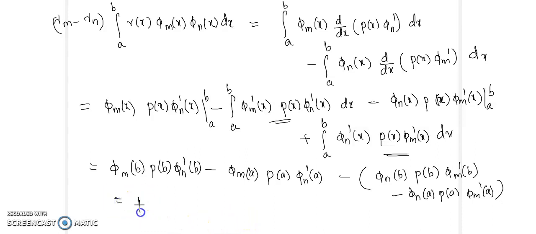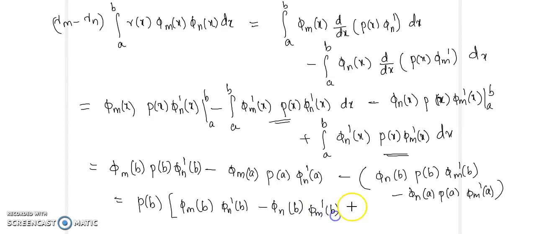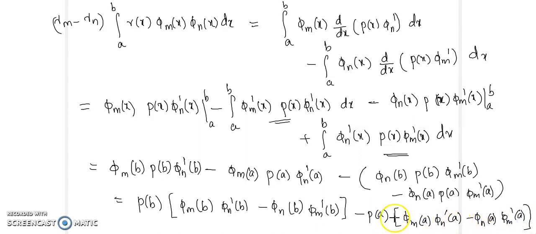So that will be equal to p of b into (phi m of b phi n dash of b minus phi n of b phi m dash of b) minus p of a into (phi m of a phi n dash of a minus phi n of a phi m dash of a). So this is what we are going to get.